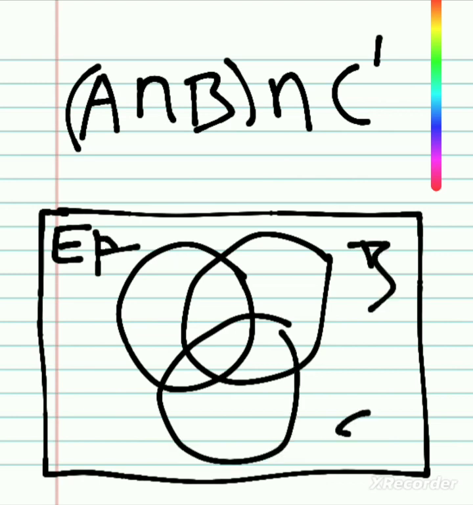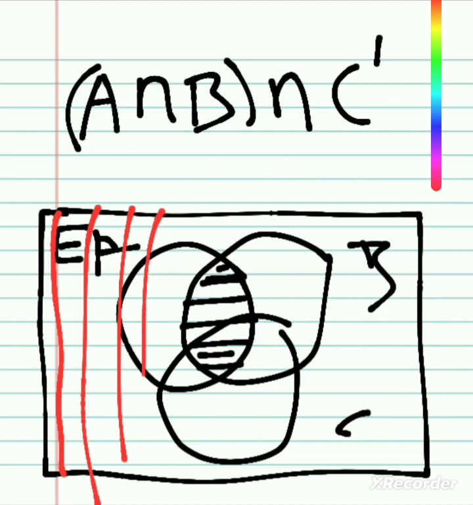So A intersect B, we know it's this, right? This is A intersect B. So they are saying intersect C complement. What is C complement? Everything outside C. So we're talking about this.